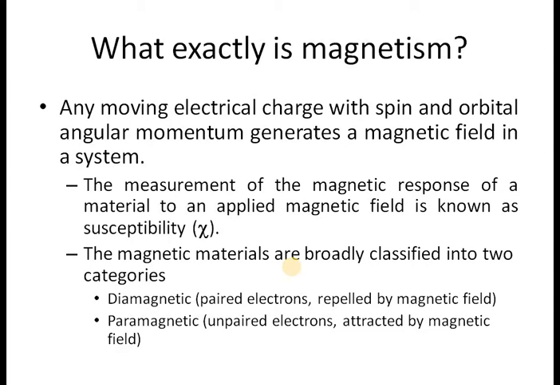Magnetic materials are broadly classified into two categories, diamagnetic and paramagnetic. Diamagnetic substances have paired electrons and paramagnetic substances have unpaired electrons. Paramagnetic substances are attracted by the magnetic field, and diamagnetic substances are repelled from the magnetic field.